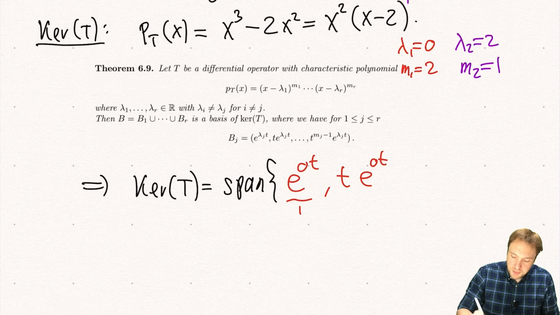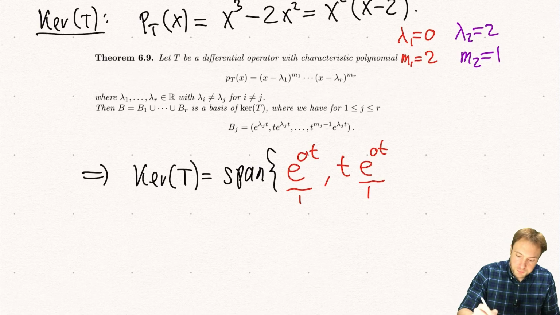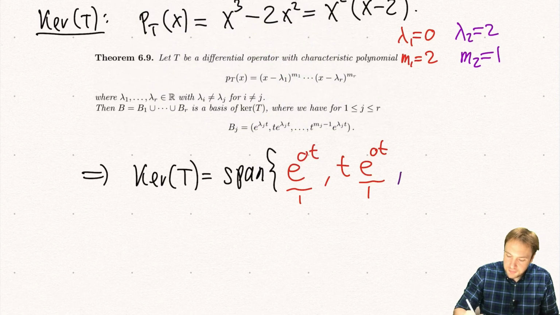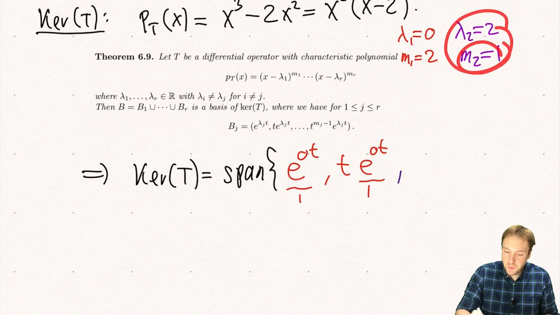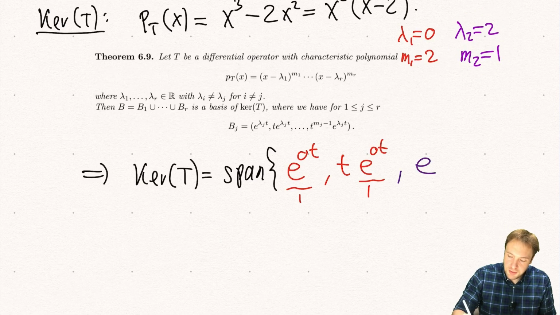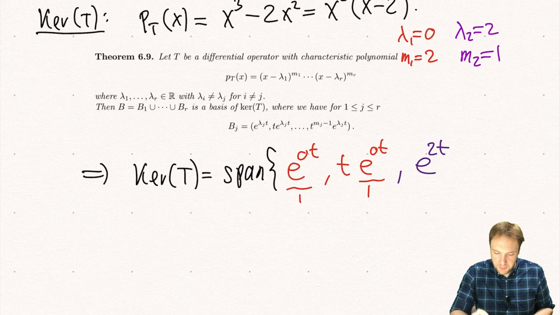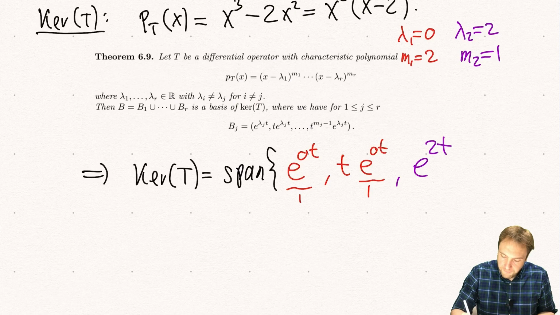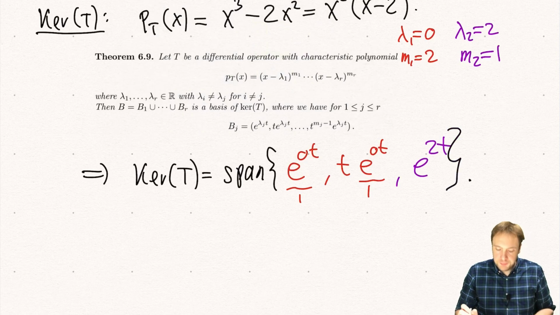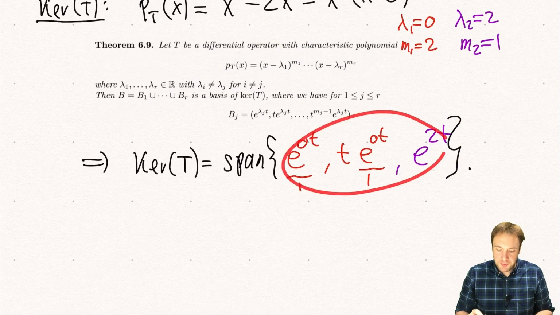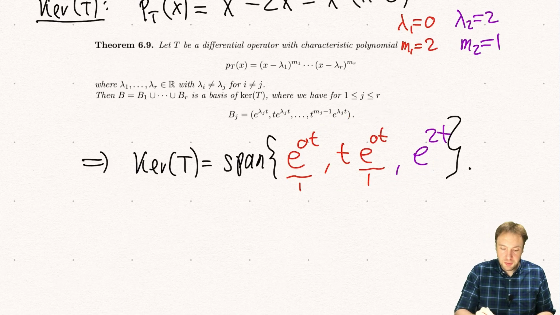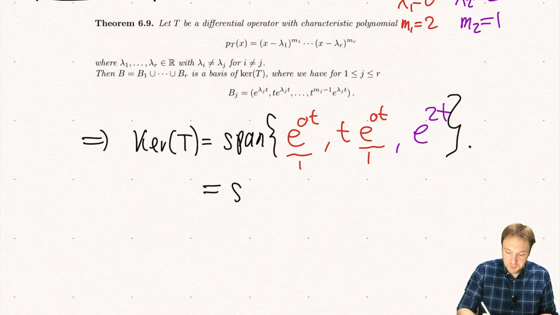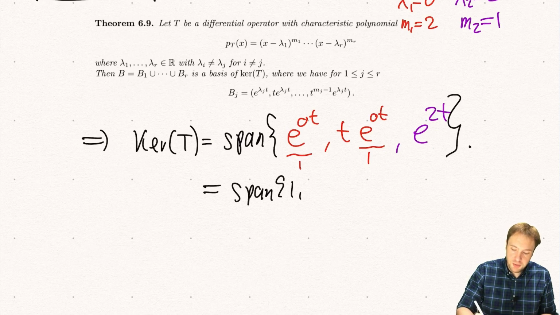So this is just 1, and this is just t. And from lambda 2 and m2 equals 1, I get one function, namely e to the 2t. And these 3 elements are actually a basis of our kernel. So let me write this again: this is 1, t, and e to the 2t.